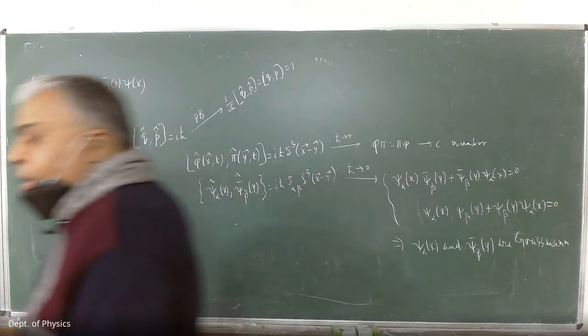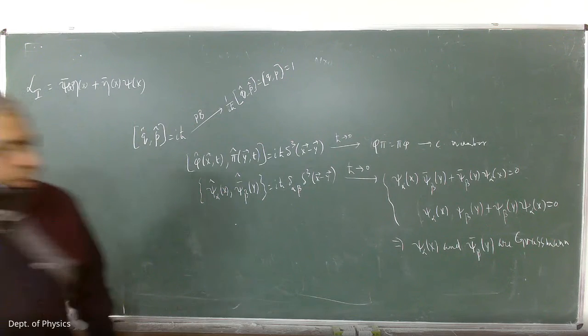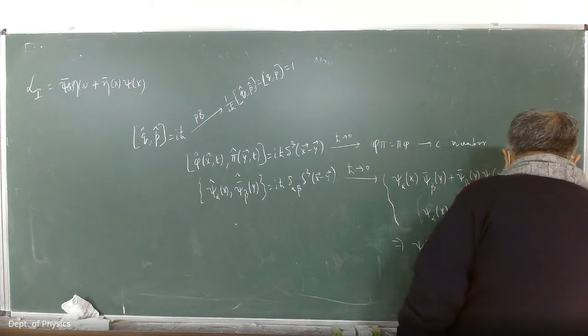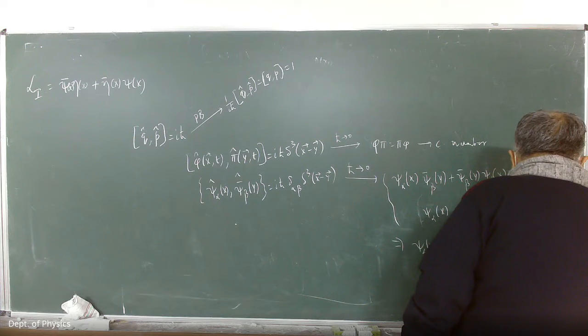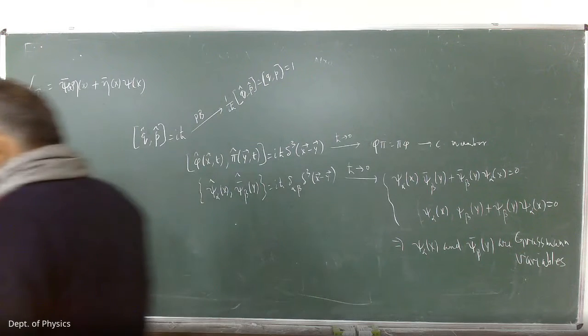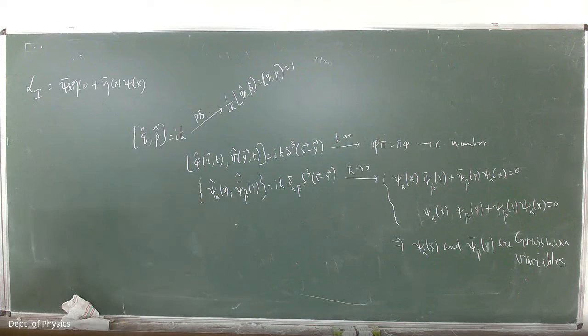Grassmann variables. And it follows basically from the anti-commutation relation, which you again know follows from Pauli's exclusion principle.